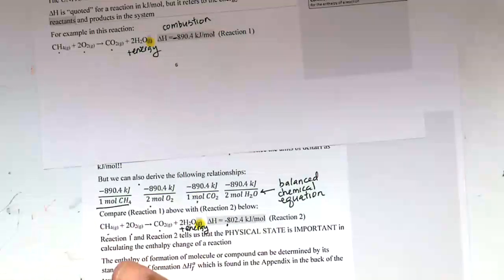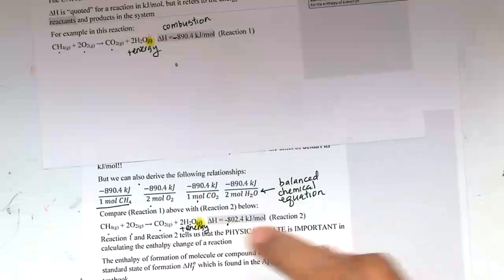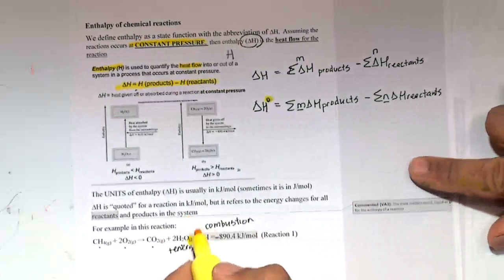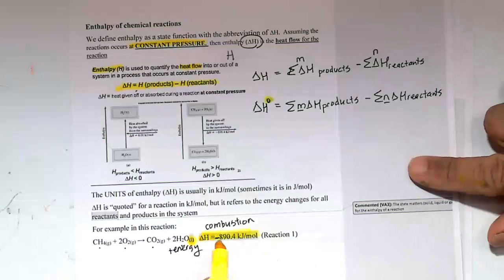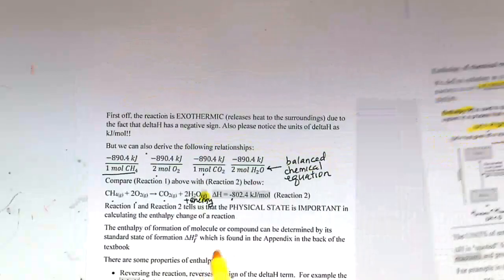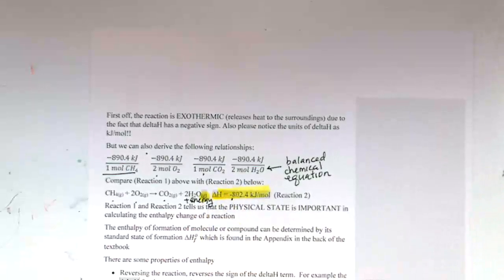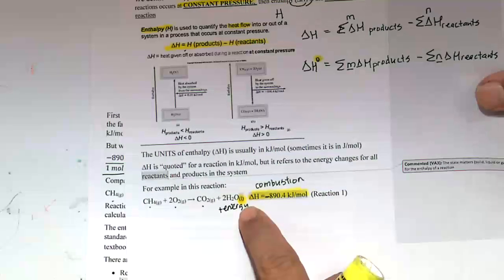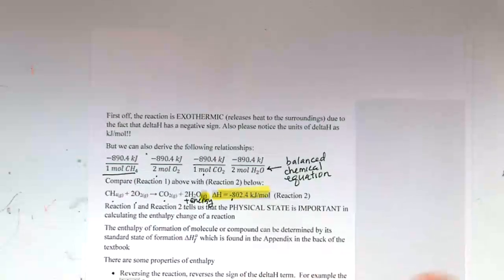Gas. Everything is the same. This one gives you gas water. What will this one give you? Liquid. That's why their values are different. They're both exothermic, they both have negative enthalpies, but one gives you gas water, the other gives you liquid water.